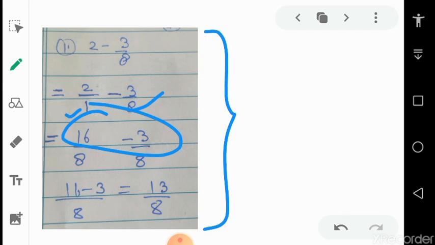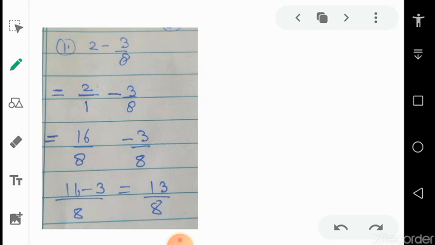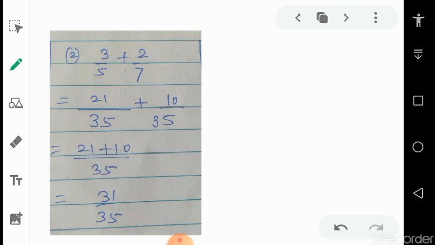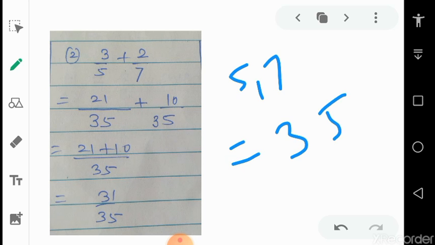Okay. Next, again this is a question of addition of fractions. 3 upon 5 and 2 upon 7. Both the denominators are not the same. So the LCM of 5 and 7 is 35.